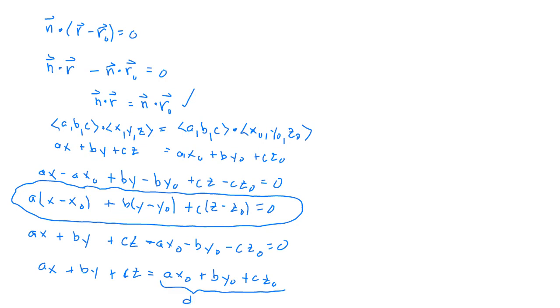So this shows then that we've just proven that ax plus by plus cz equals d would be a simplified version of the equation of a plane. How many recall seeing this, like maybe in high school or pre-calculus?